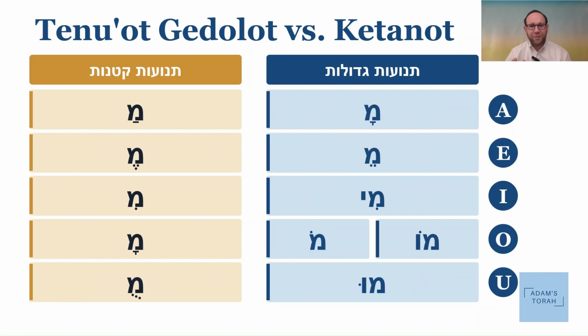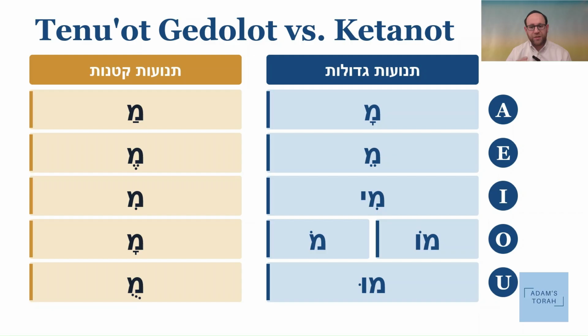So let's look at some examples of these vowels with the letter mem. You can see how in that first row we have a ma with a kamatz in a Tenu'ah Gedolah, ma is a patach, and so on and so forth. What I'll point out, just some small points, you could find in the i, the chirik maleh, you could see it's a dot followed by a yud, that makes it a chirik maleh and it's a Tenu'ah Gedolah, versus the mi on the Tenu'ah Ketanah side, there's no yud afterwards.